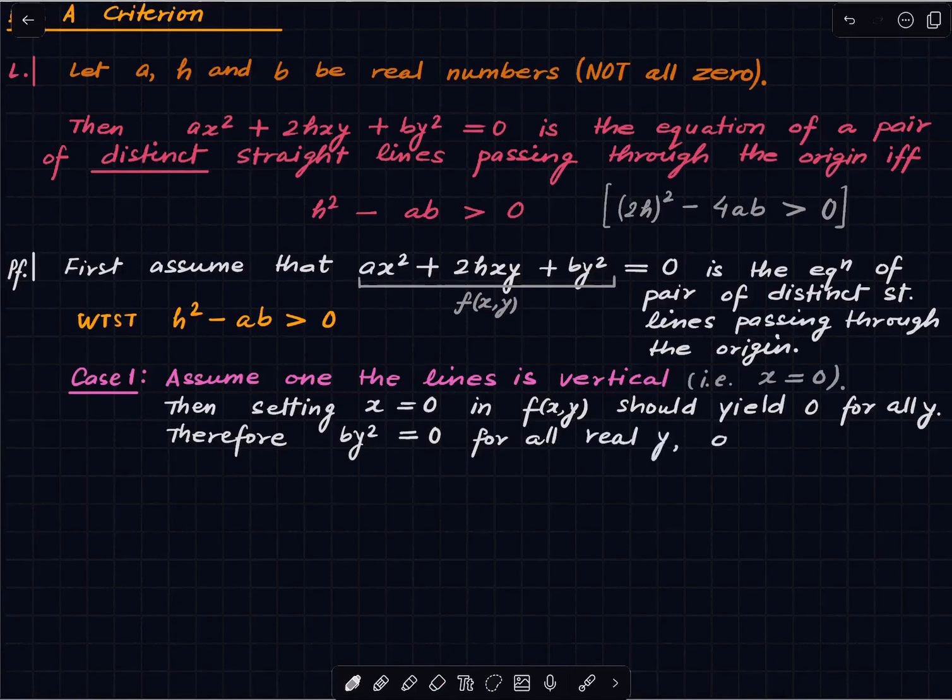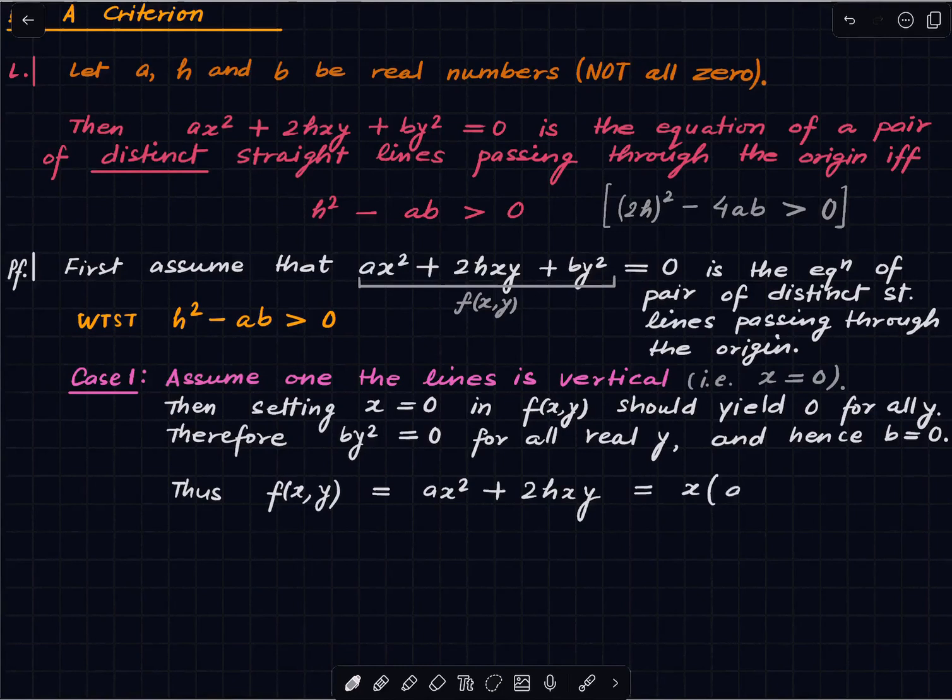And hence b is equal to 0. Therefore b is 0 and hence f(x,y) is nothing but x times (ax plus 2hy).